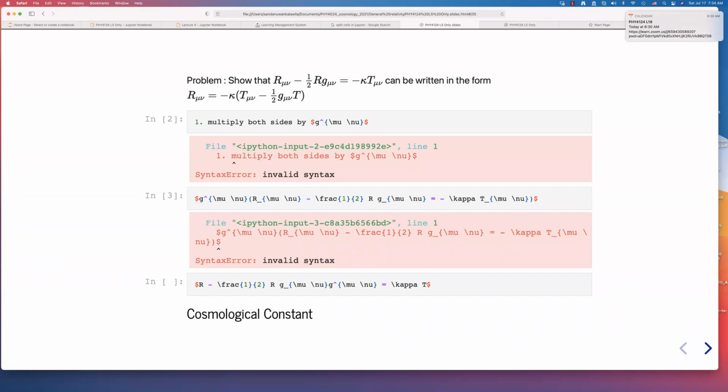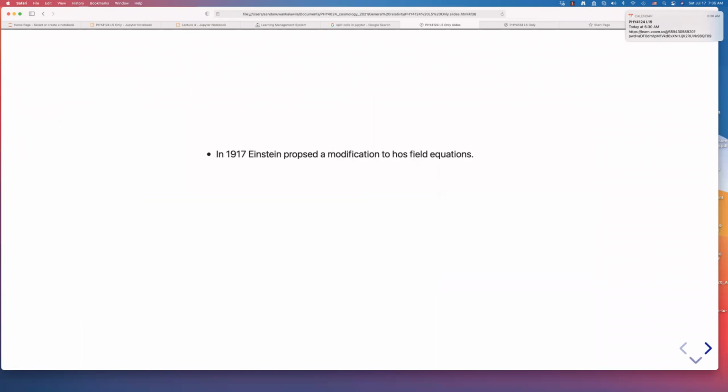And as you see, we spent maybe 6 to 7 days to derive all these things, starting from the beginning, like tensors and everything, to come up to this point. After that, I have a section called cosmological constant here. I guess this topic should go into this particular slide.